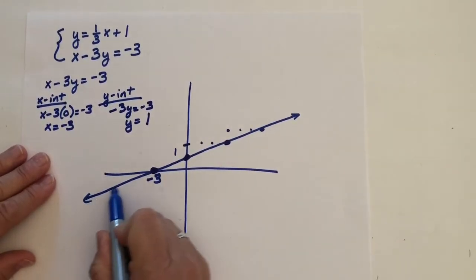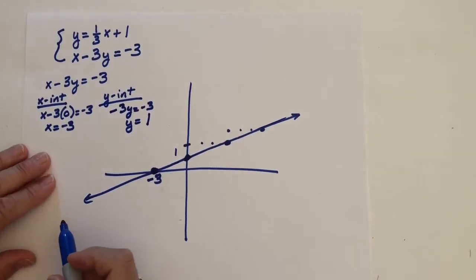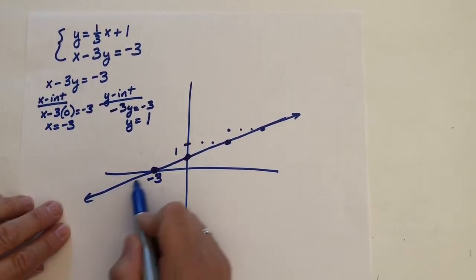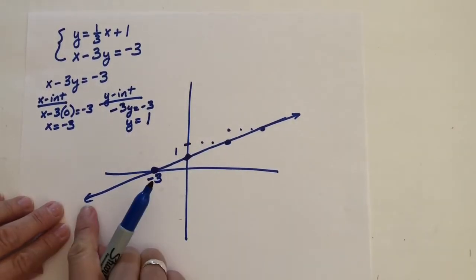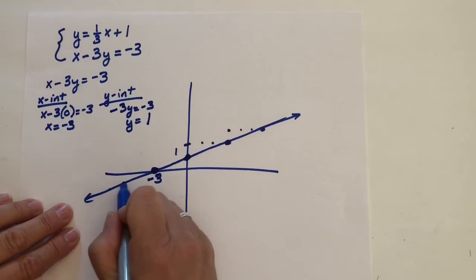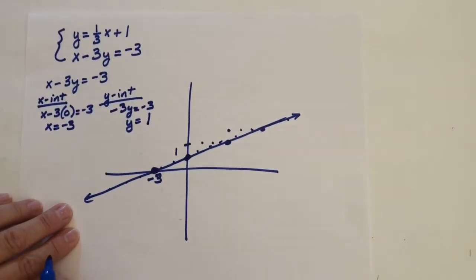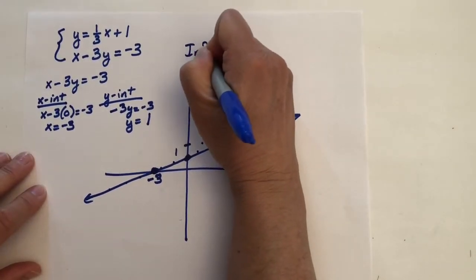And in fact, what we see is we have exactly the same line. So these two equations are actually equivalent. They both have this as their graph. So the solution is the set of all points that are on this line. So for now, I'm just going to say there are infinitely many solutions.